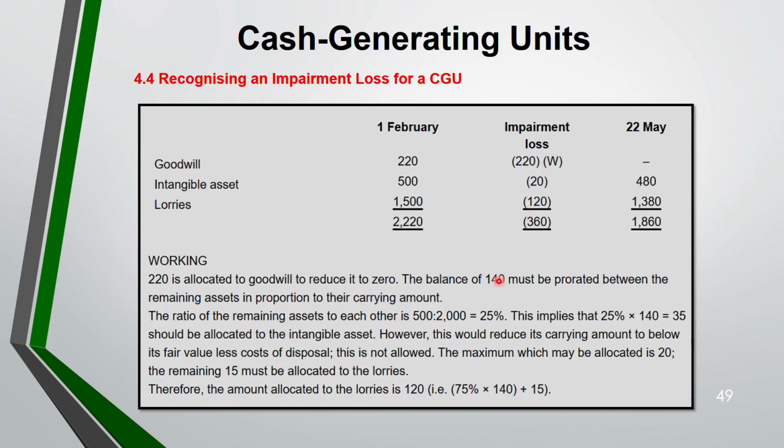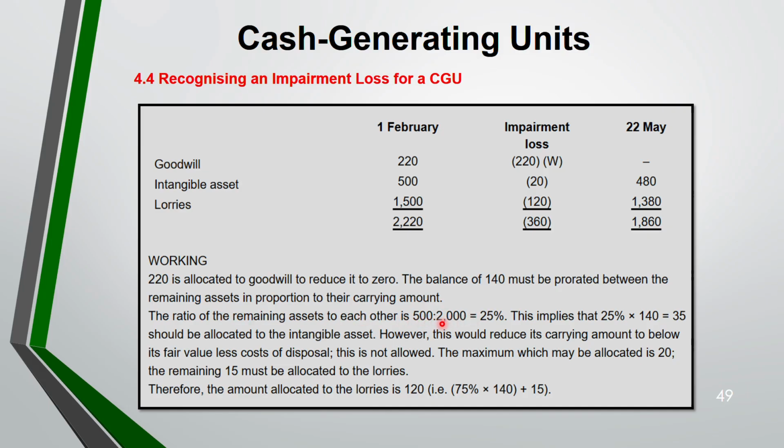The balance of 140, you can't straight away put 140. You should know how much impairment will go for intangible and how much will go for lorry. You will prorate this based on the carrying amount of both, using the ratio of the remaining assets to each other.